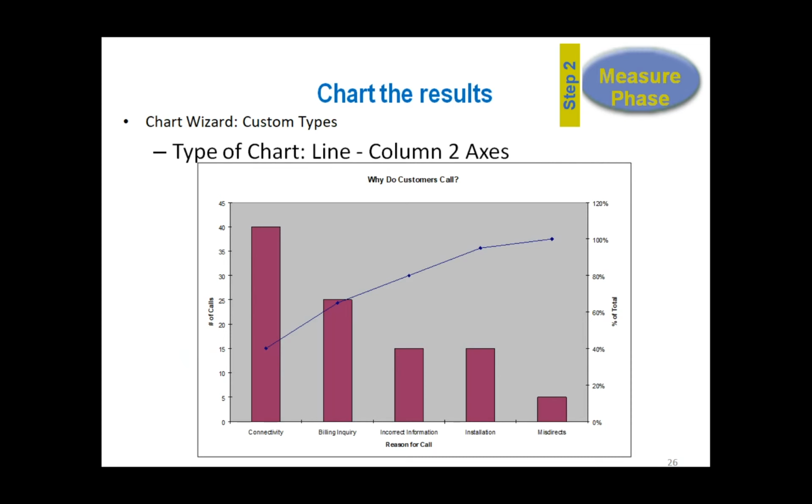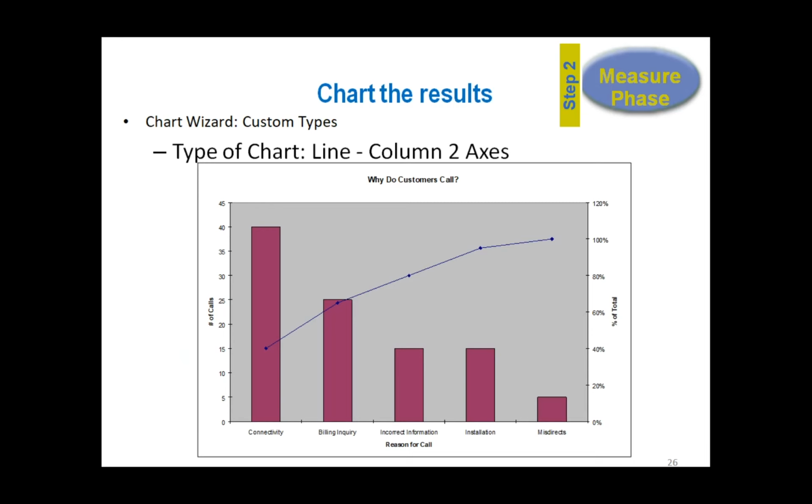ultimately these two bars will shift towards the bottom right section. That's the aim of the whole initiative, to make sure that the categories which are contributing more to the defects right now are worked upon, and over a period of time we are able to move them towards the right.